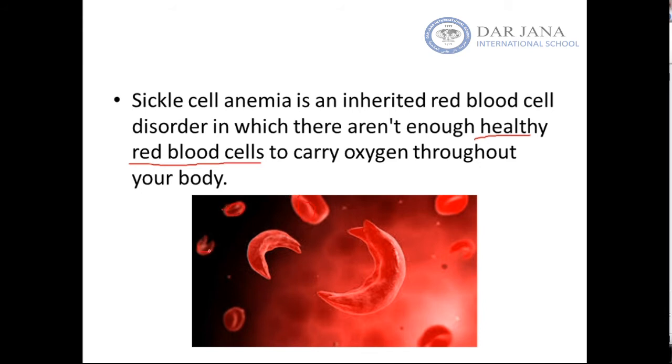These red blood cells can carry oxygen throughout the body, while in sickle cell anemia, some red blood cells will have this sickle shape due to a mutation in a gene in the red blood cell. So this sickle-shaped cell cannot carry enough oxygen throughout the body, leading to sickle cell anemia. So this disorder is a genetic disorder and it is not caused by pathogens.